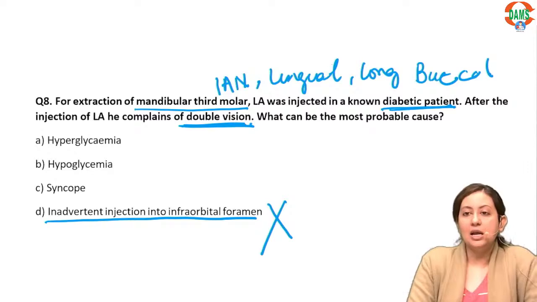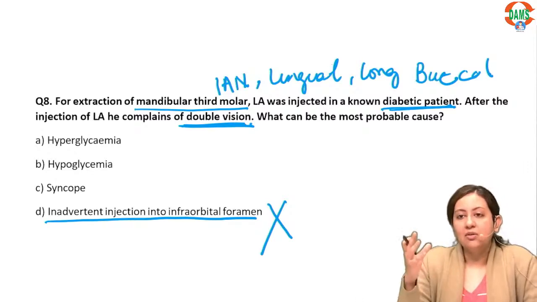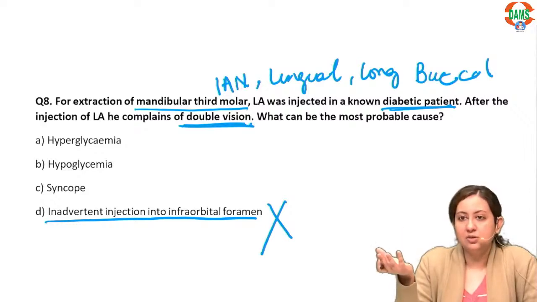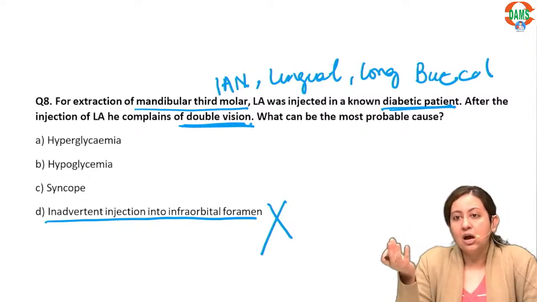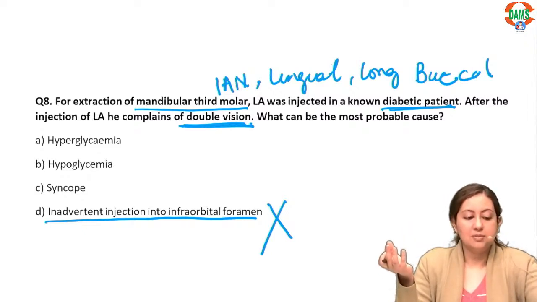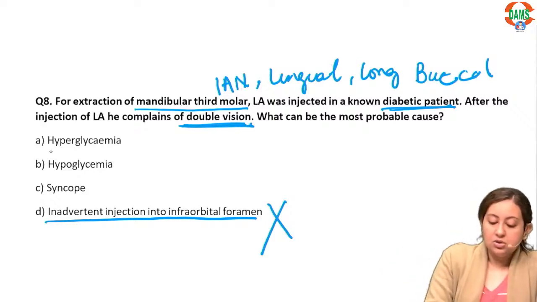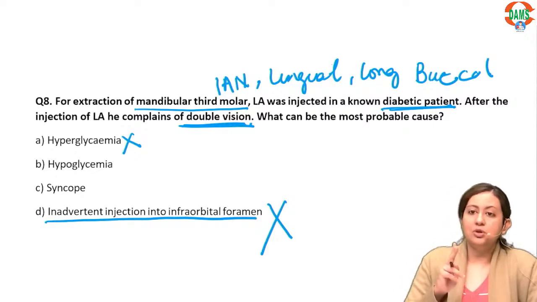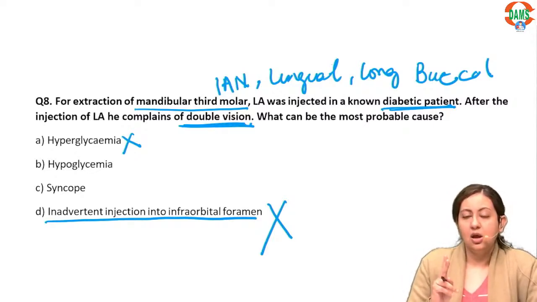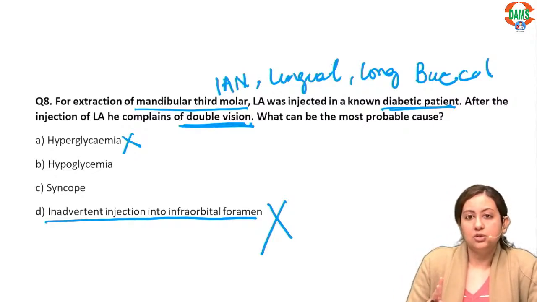It is very unlikely that a patient with hyperglycemia will have syncope or double vision. So you rule out hyperglycemia as well.